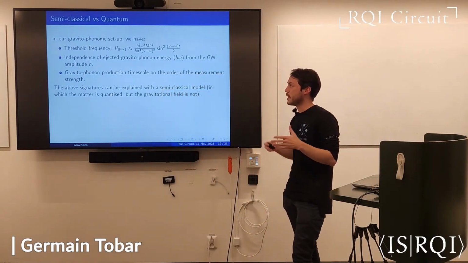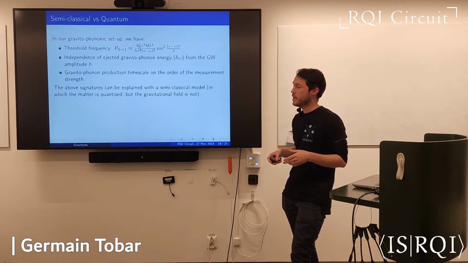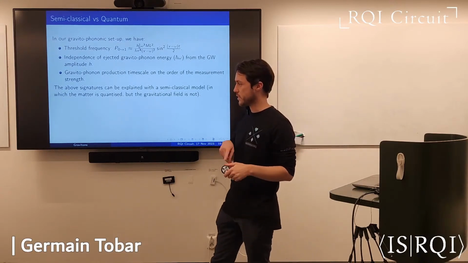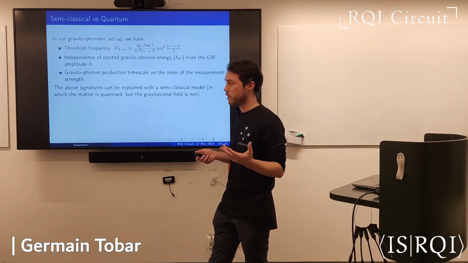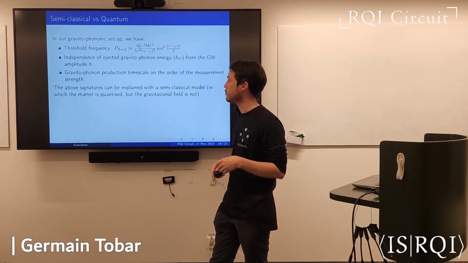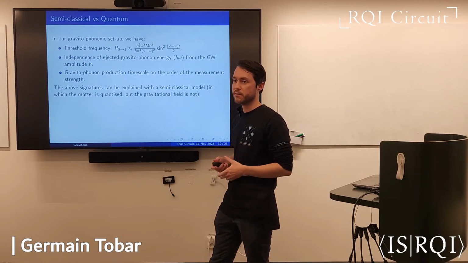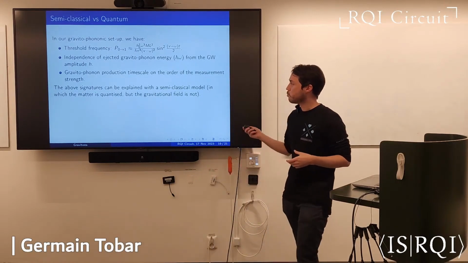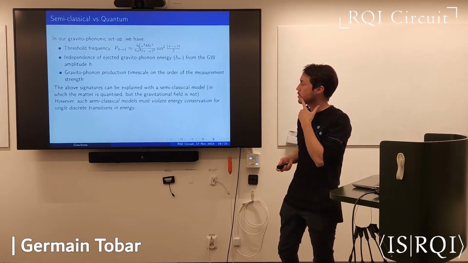And that model can account for transitions in atoms and the photoelectric effect without quantizing the electromagnetic field. So what does this mean for the quantization of gravity?